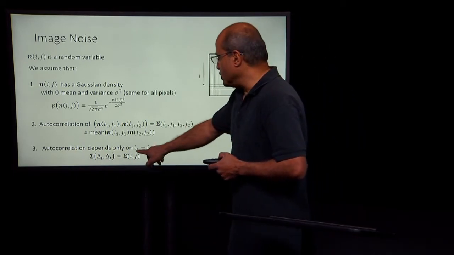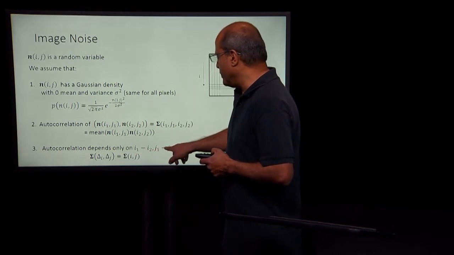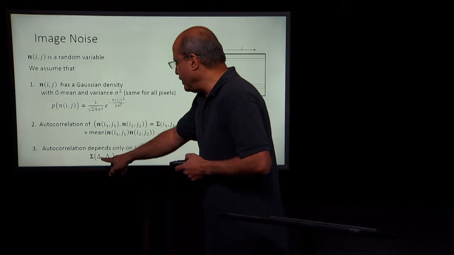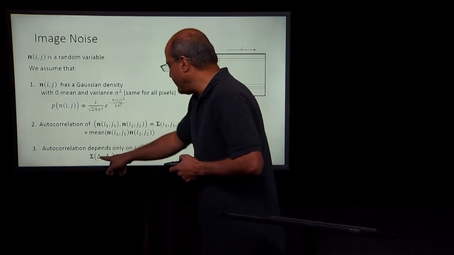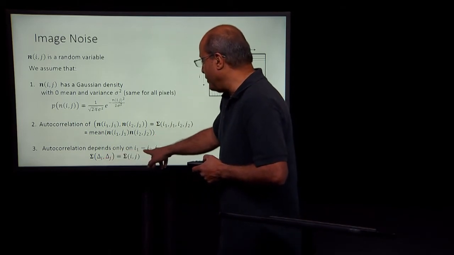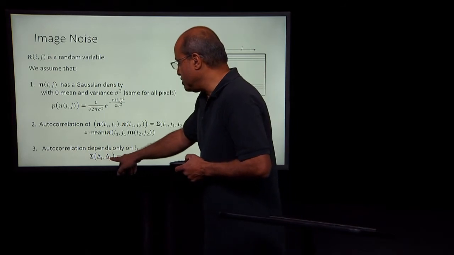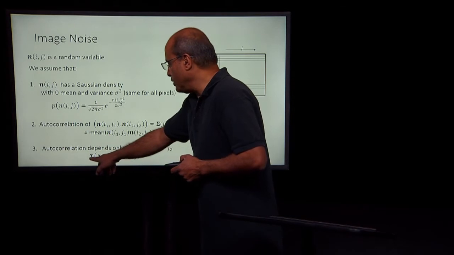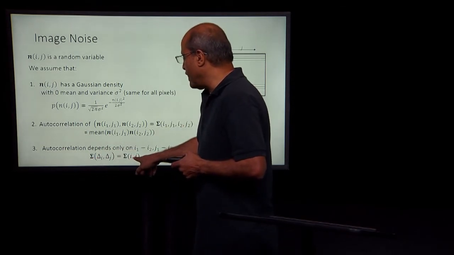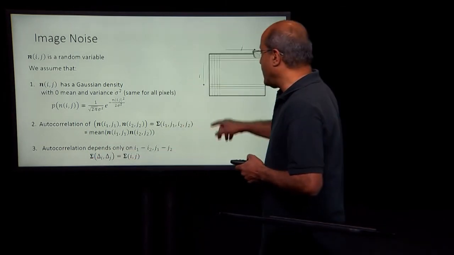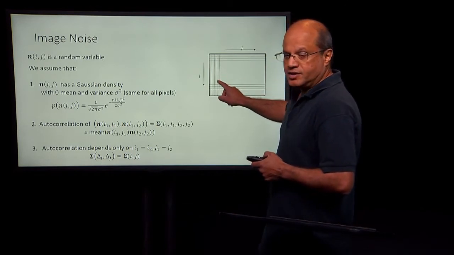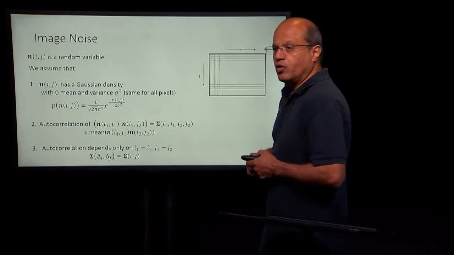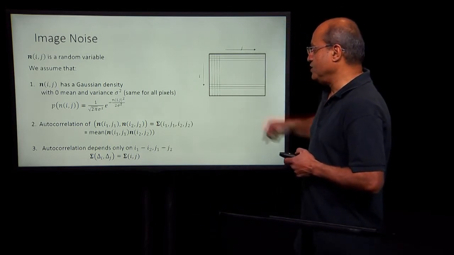So it only depends on I1 minus I2 and J1 minus J2. So we write the autocorrelation function simply as a function of delta I, being I1 minus I2, and delta J. To simplify this notation, we just say that the autocorrelation function is a function of I and J. These are not the row and column indices in the image. These are simply the differences between row and column indices in the image.